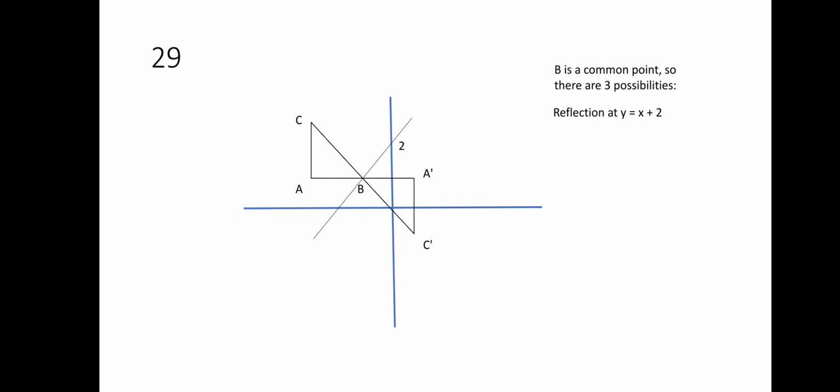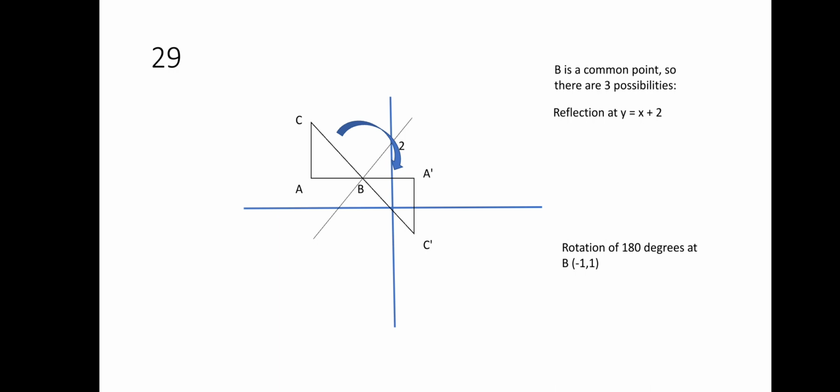That's one possibility. The other possibility is a rotation of 180 degrees about point B. If you rotate triangle ABC 180 degrees with B as the center of rotation, you can also get that transformation done.